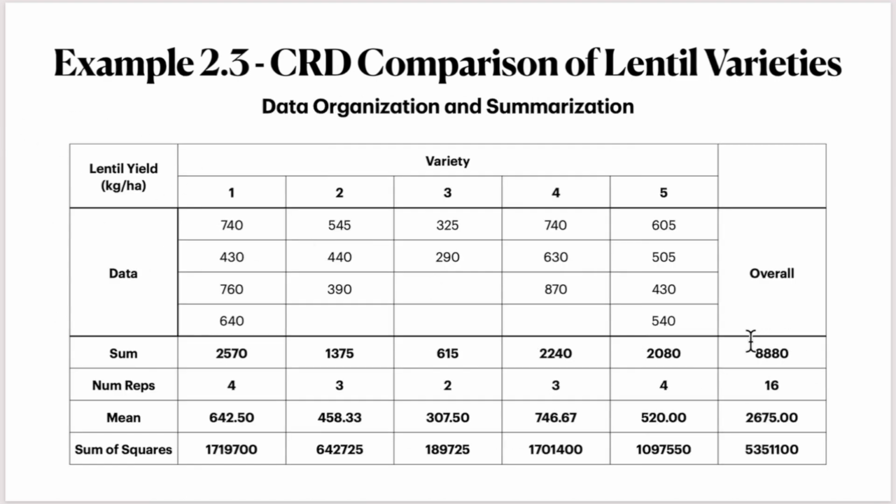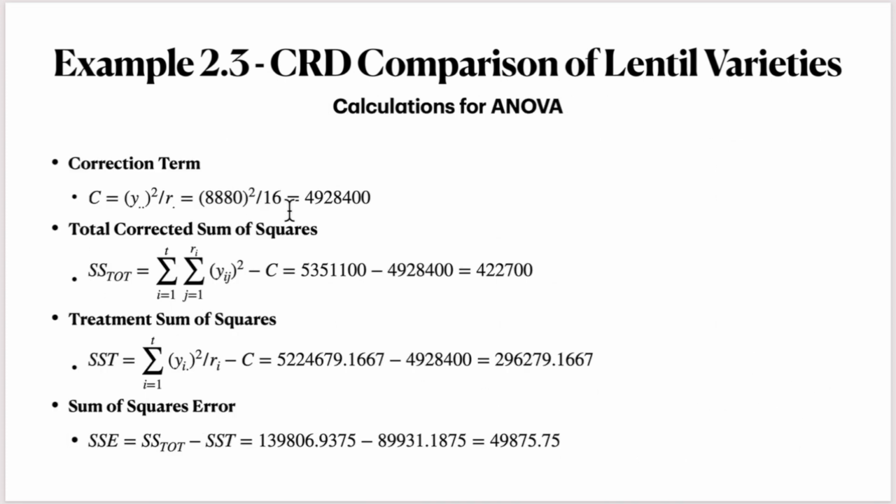The overall sum is 8,880. So we square that, divide by the total number of observations, that's 16, and we get 4,928,400 as our correction term.